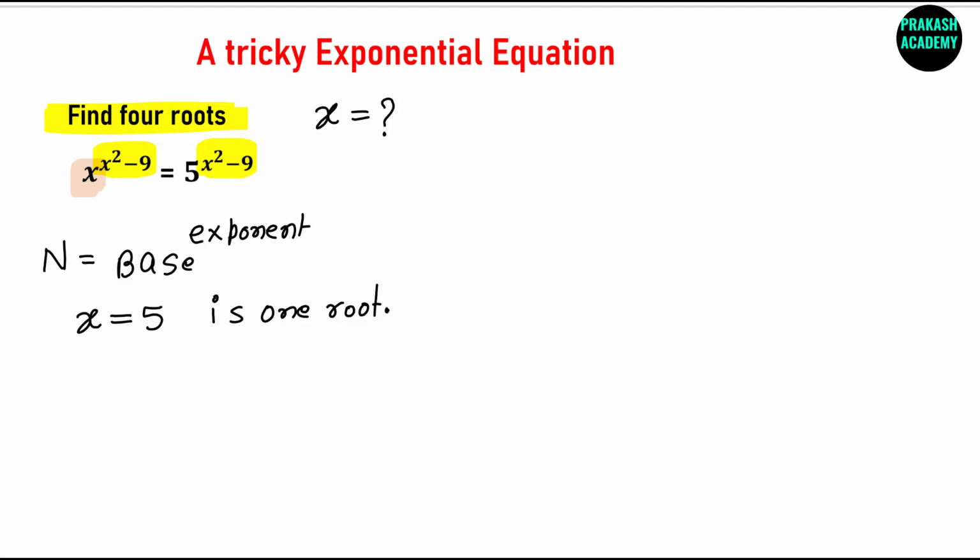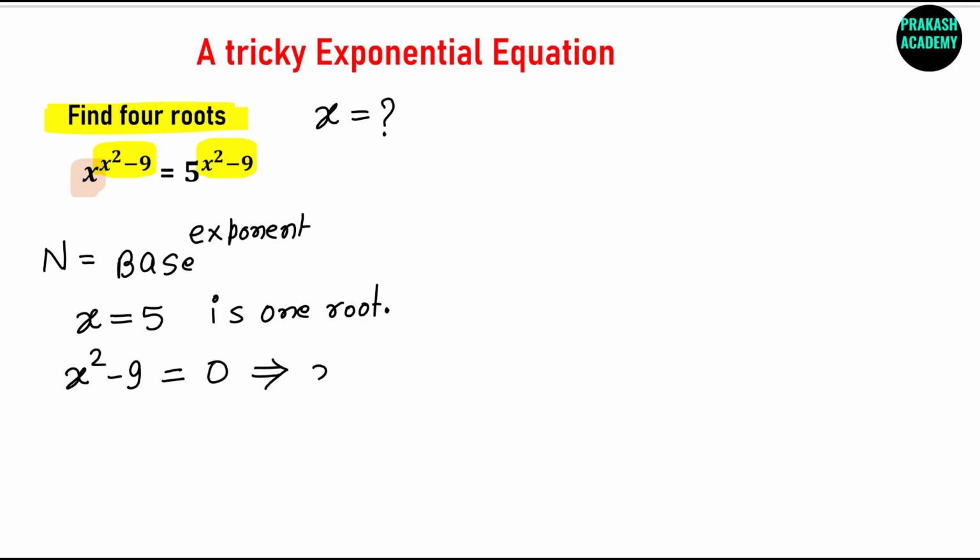In that case both sides will be satisfied. Left hand side and right hand side will be equal. So x square minus 9 is equal to 0 will give roots for x.